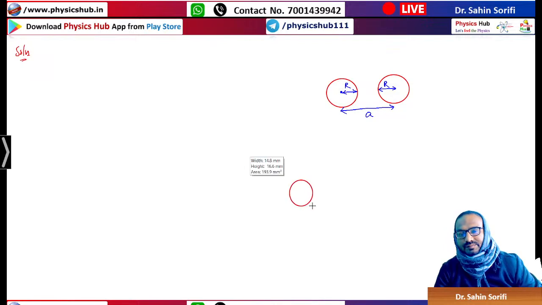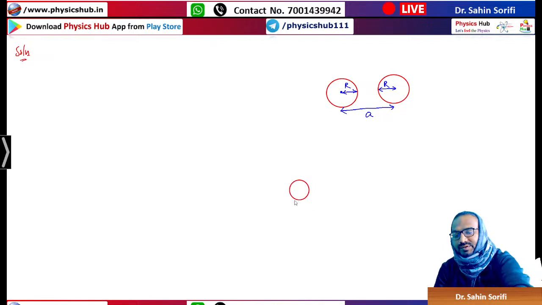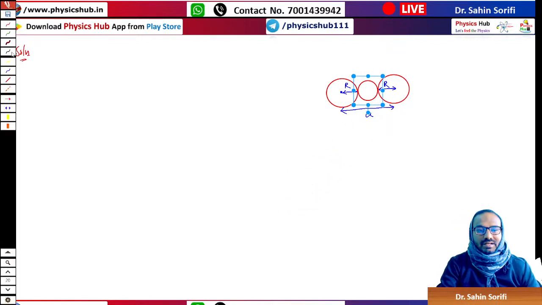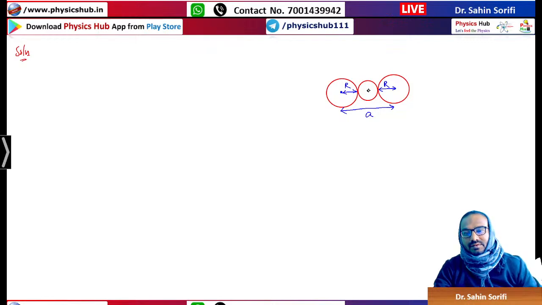This radius is capital R, this radius is capital R, and the separation is A. Now you have to accommodate an atom in between without distorting, and it has a radius small r.